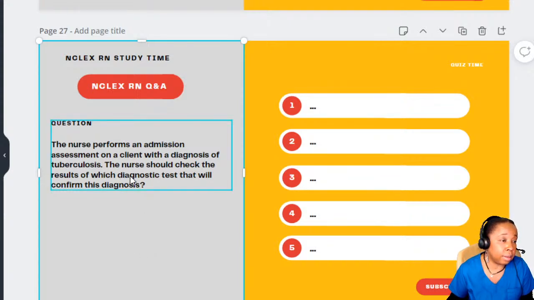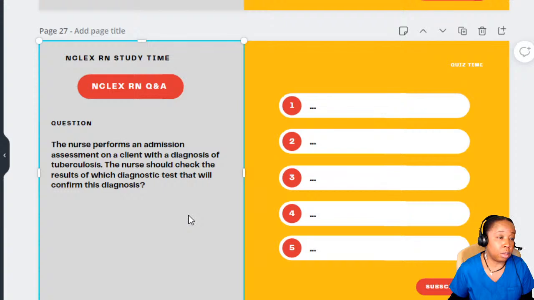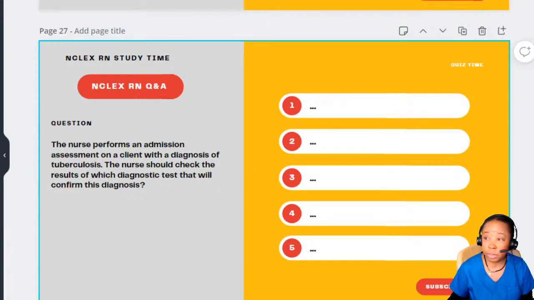What they're telling us right here is the nurse will be taking care of a patient who has TB, and they want to know what kind of test the nurse will do for a patient with TB that will confirm that the patient really has it. What kind of test do you think will be good for a patient that has tuberculosis?